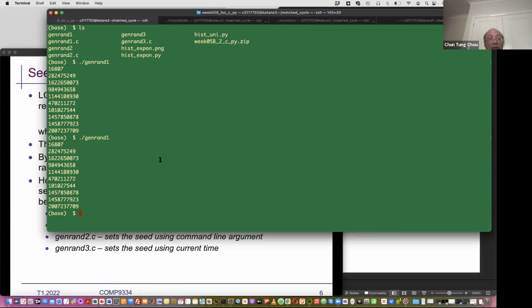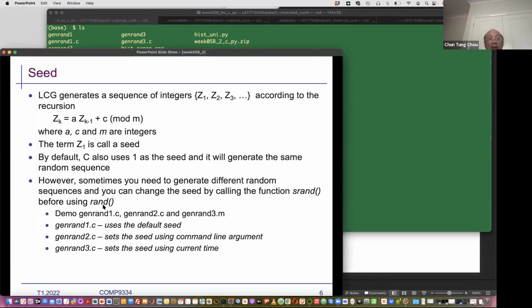One way is, you can ask the program to use a different seed. There is a function in C called srand, and that is to change the seed. I've written it in the program genrand2.